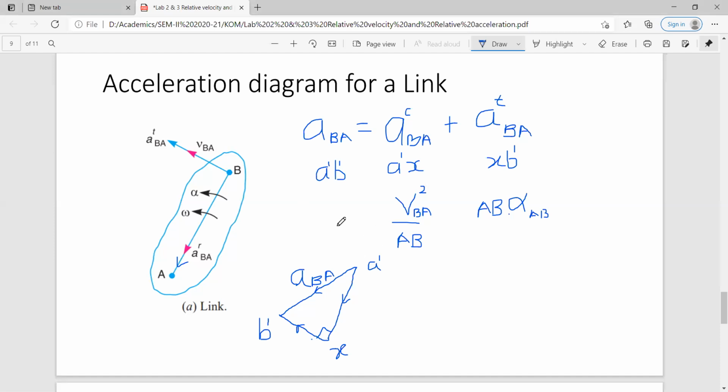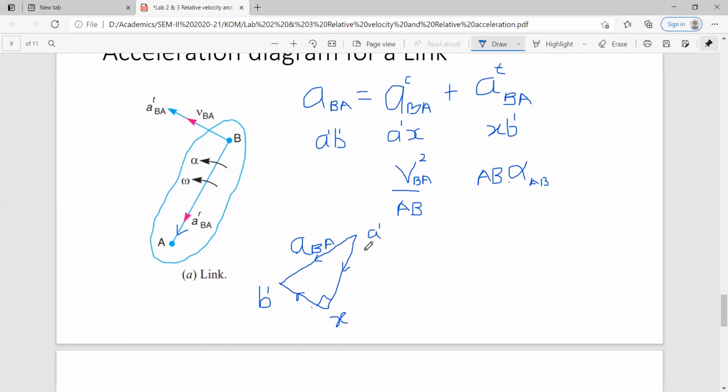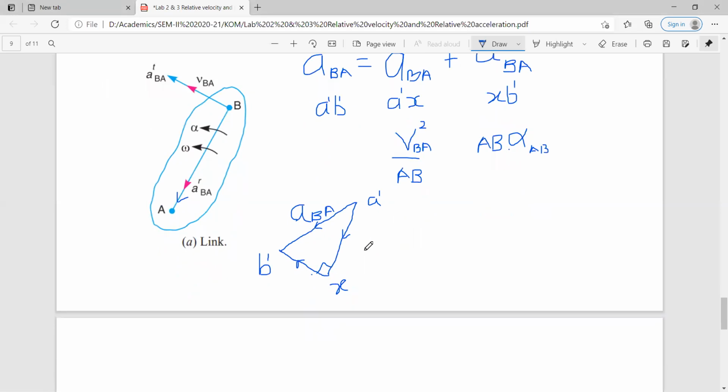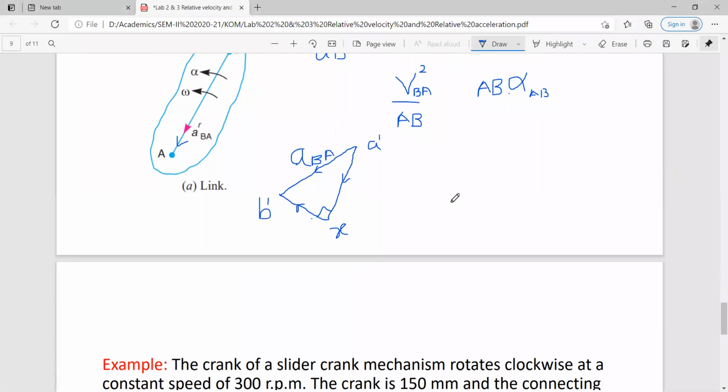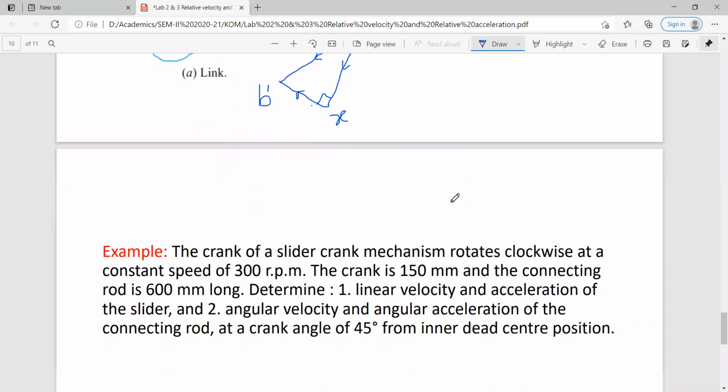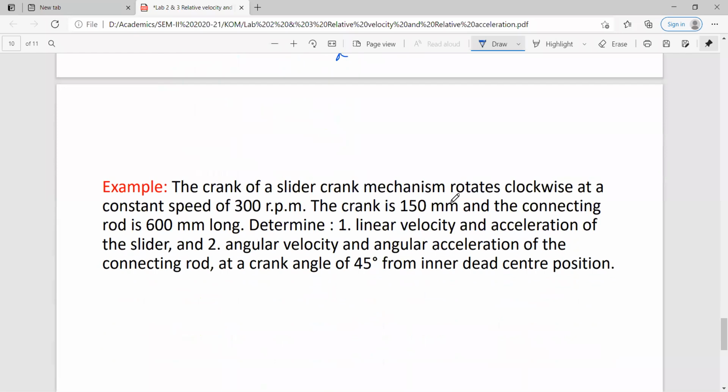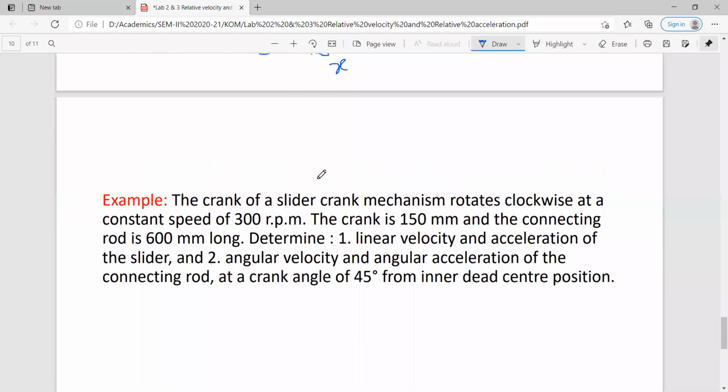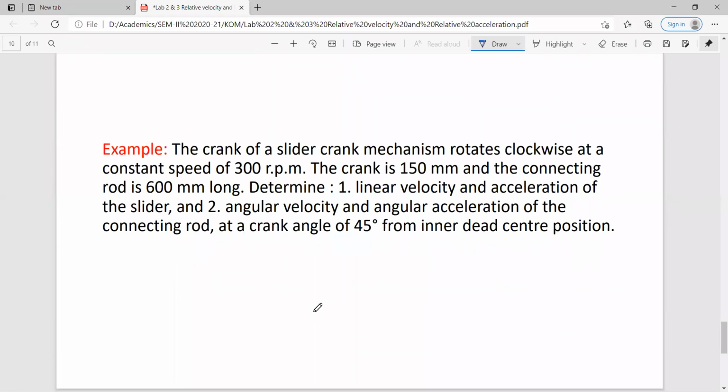So let us now solve a numerical on acceleration analysis. All of you, please note down this numerical.